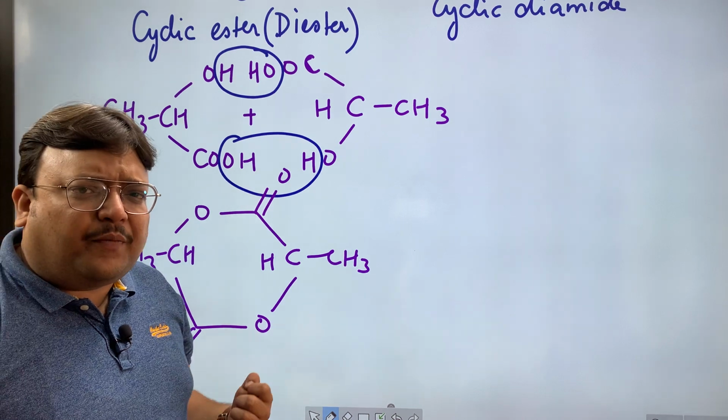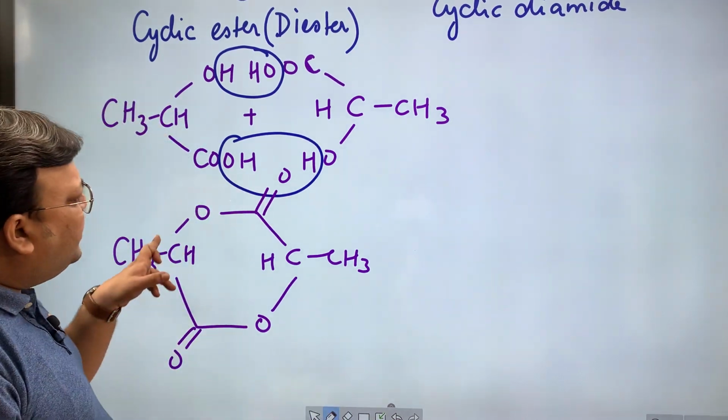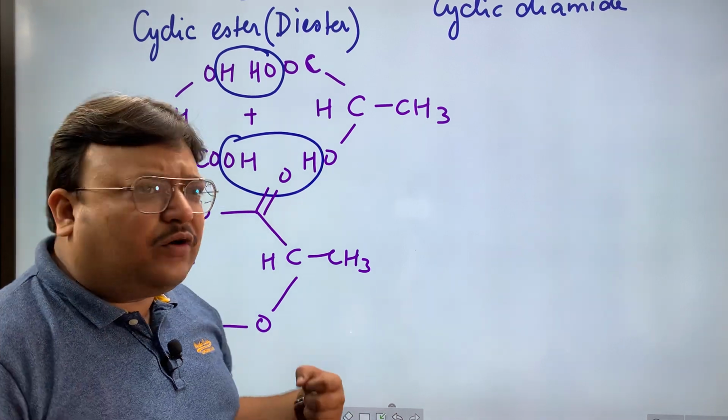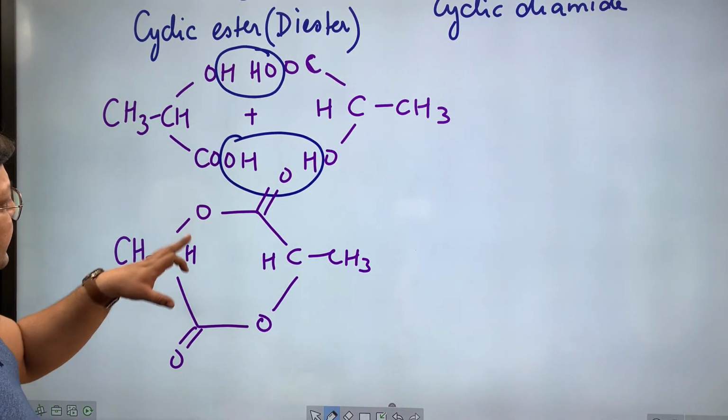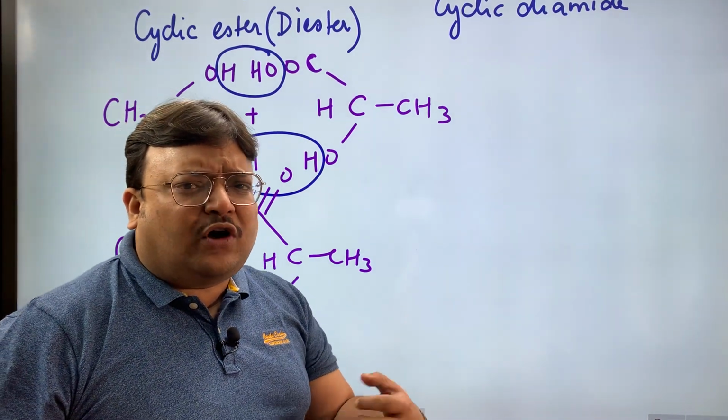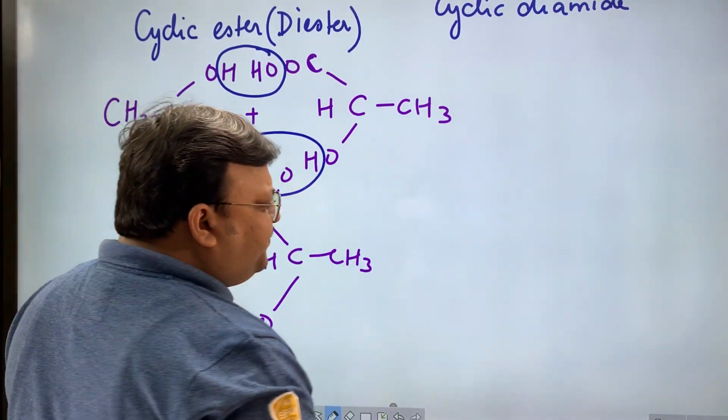The reason behind the formation of diester could be the stability of the 6-membered ring. We'll want to assign some logic behind the nature of the heating effect product.